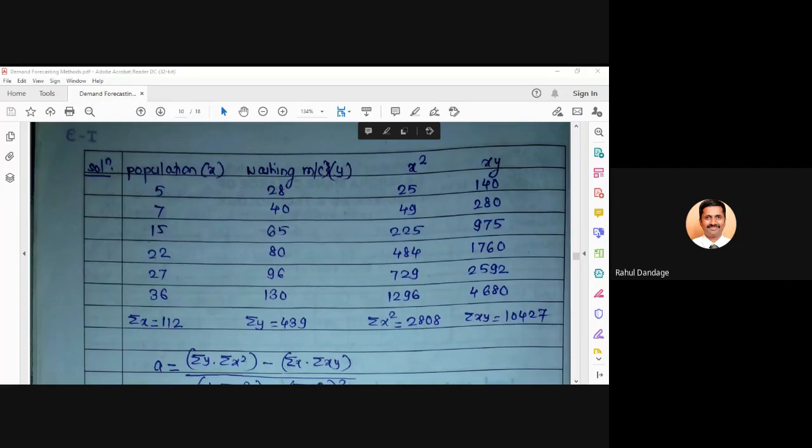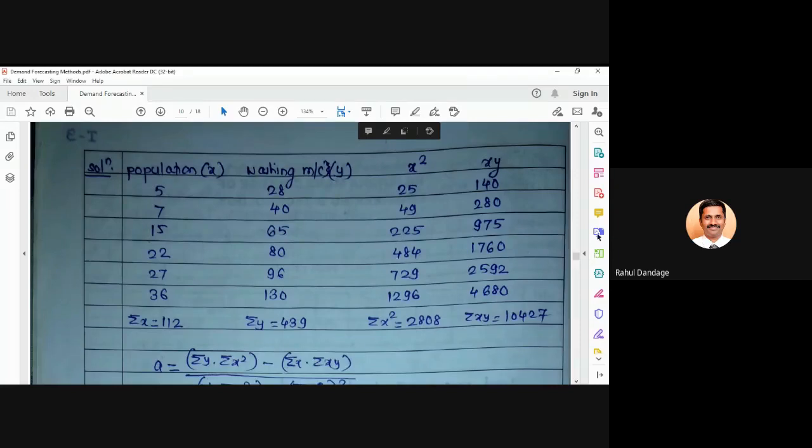The two rows, the two parameters which are given, we have simply put them into columns, one as X, the other as Y. So X is the baseline or independent parameter and Y is your dependent parameter on X. Then we are going for X square and X into Y and taking the summation of all the columns. So we should have the values of summation X, summation Y, summation X square and summation XY.